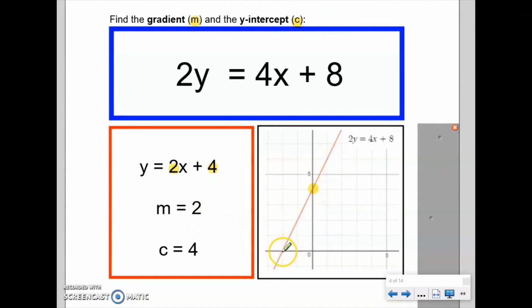So if I pick a point on the graph and go 1 square along, you'll see I'm going 2 squares up. If I pick this point on the graph, 1 square along, I go 2 squares up. So that's telling me that line has a gradient of 2. So from those two bits of information, you should be able to plot or sketch the linear graph.